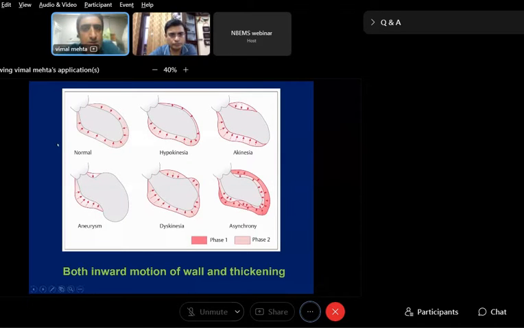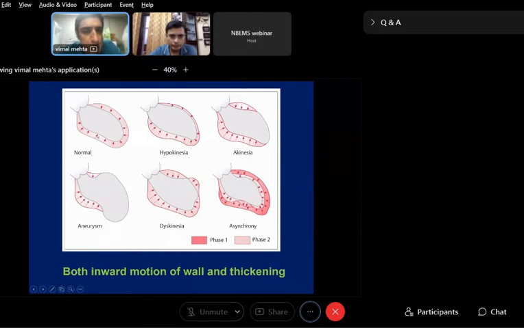And here is the normal contractility. You see over here the left ventricle. You have to see both things: inward motion of the wall as well as thickening. Why is this important? Because if, let us say, there is hypokinesia of a small myocardial segment, then because of the compensatory hyperkinesis of the adjacent segments, it may appear to be moving very well.